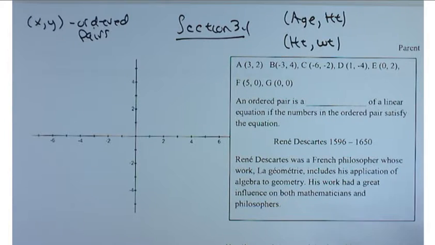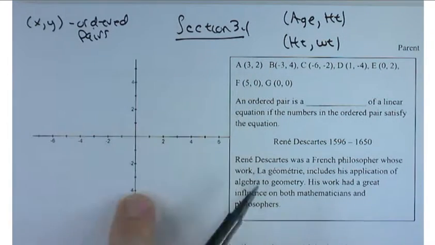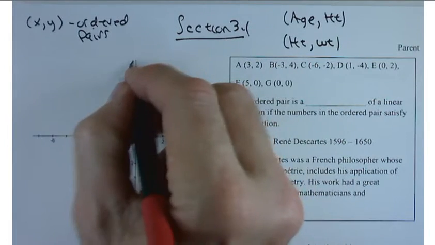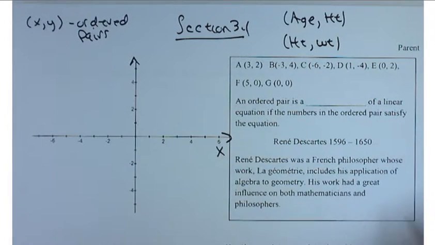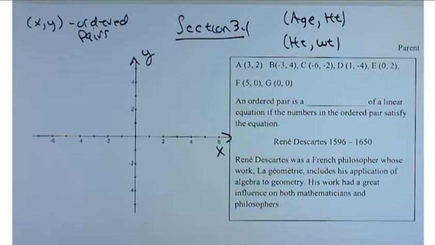And it was René Descartes who in the 17th century said, hey, well, what if we drew two of these number lines perpendicular to each other? And that's what he did. We called the horizontal one the x-axis, and the vertical one was the y-axis.